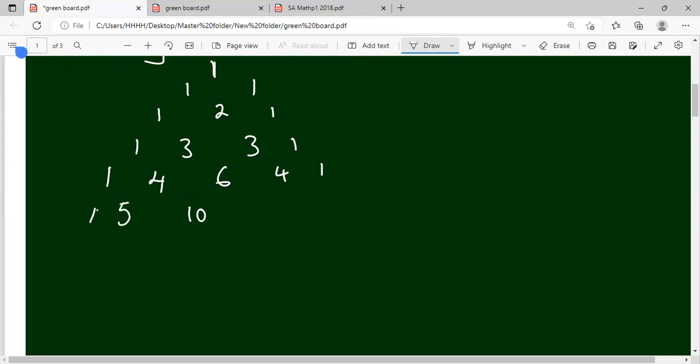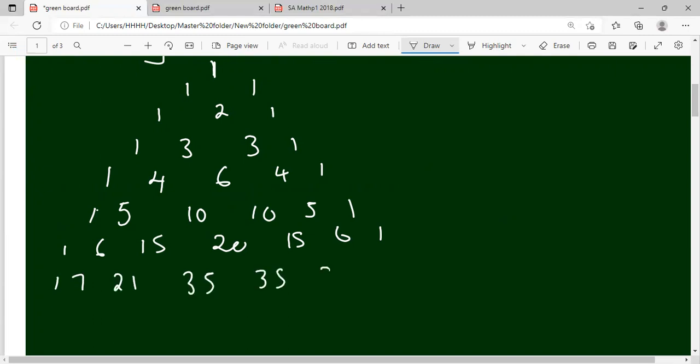You have got 10, 10, 5, 1. Then you have got 1, 6, 15, 20, 15, 6, 1. Then you have got 1, 7, 21, 35, 35, 21, 7, and 1.